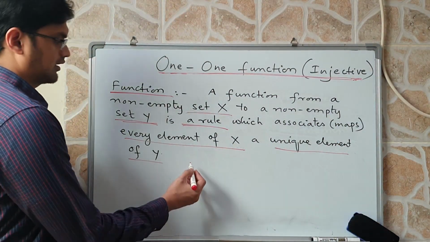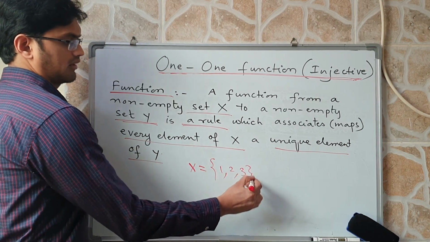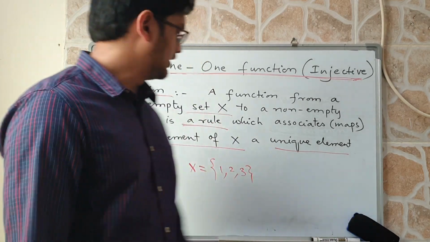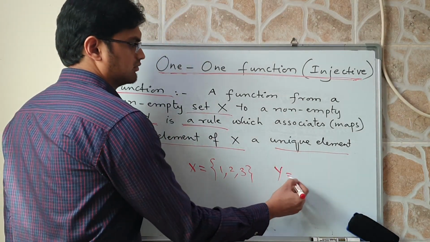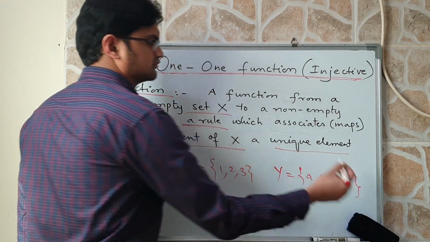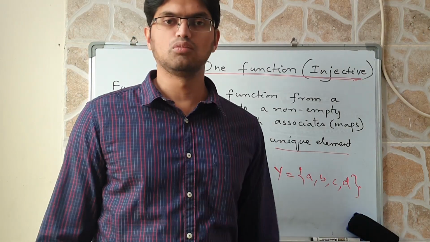Let us take X equal to 1, 2, 3, and Y equal to A, B, C and D also. It is not necessary to always take the same number of elements in both the sets.